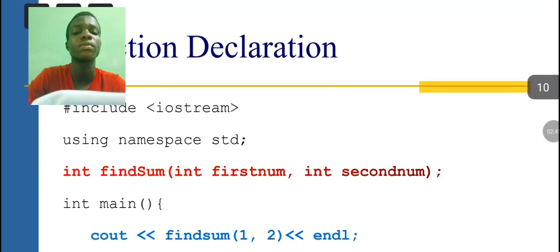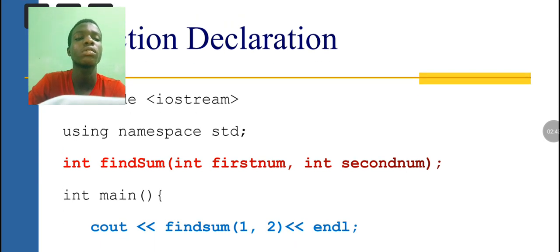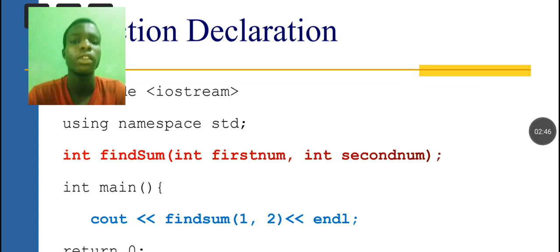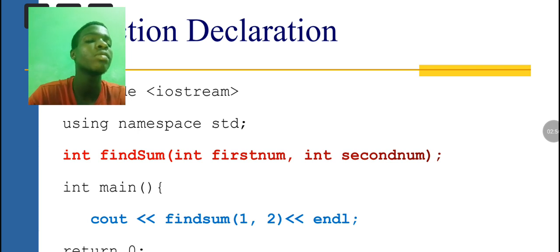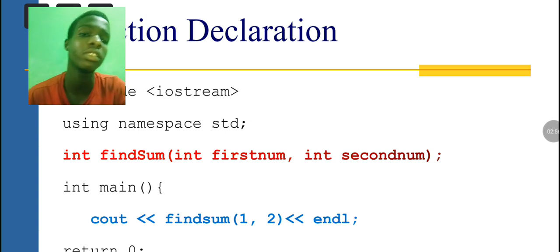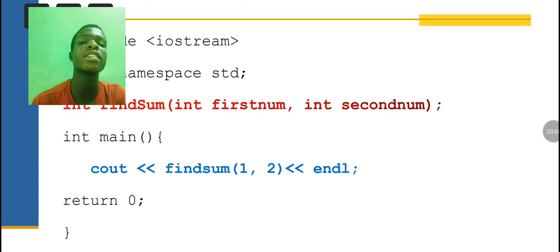Then you open parenthesis. int firstNum is parameter one, and int secondNum is parameter two. So then you output the sum of the first number and the second number. Yes, that's what it means.